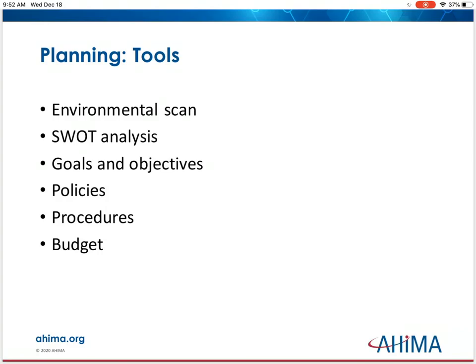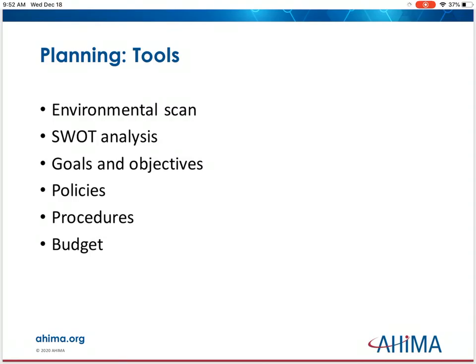All right, now if you want to continue on over on to 31, it goes into the bottom of 31, and 32 talks about policies, procedures, and budgets. And we're actually going to get more into those as we get into Chapter 6 and then Chapter 7.